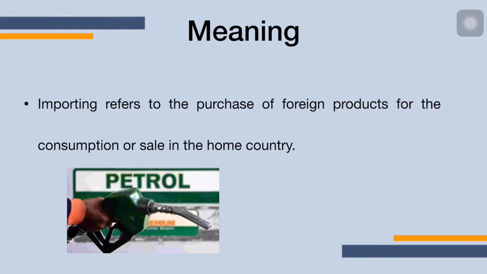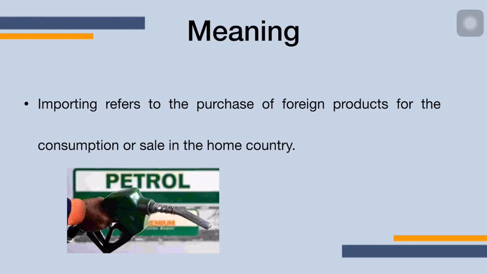What is importing? It refers to the purchase of foreign products for consumption or sale in the home country, right? So basically, you're trying to import those goods and services which are not available in the home country. One of the primary examples is petroleum, correct?